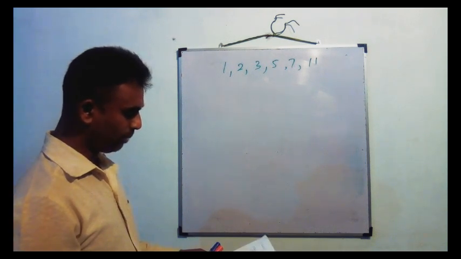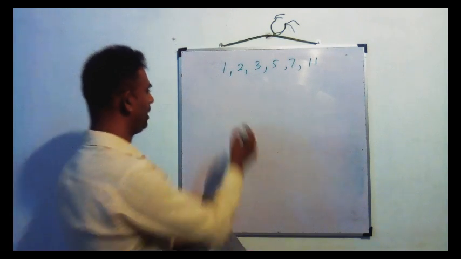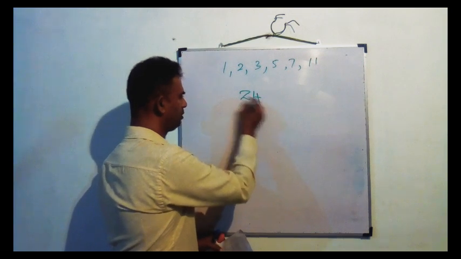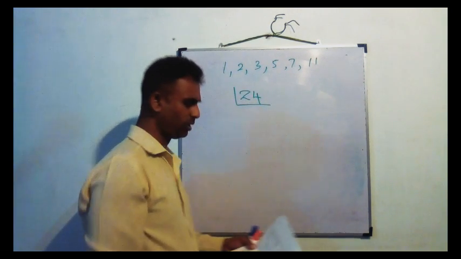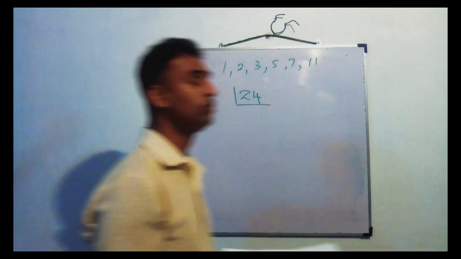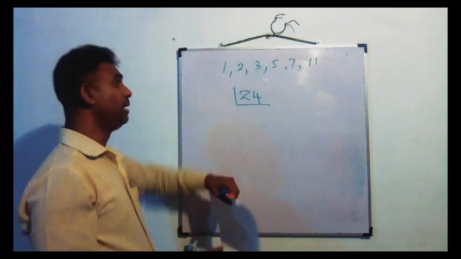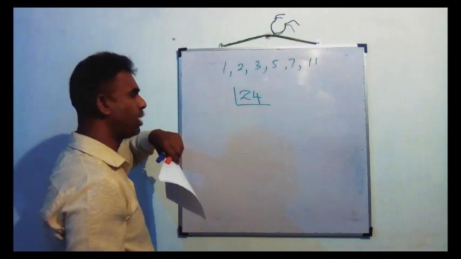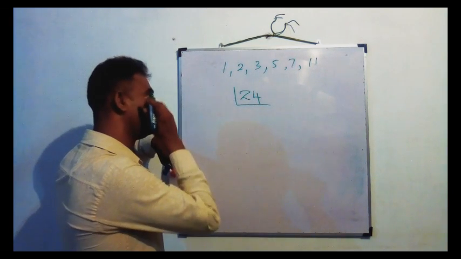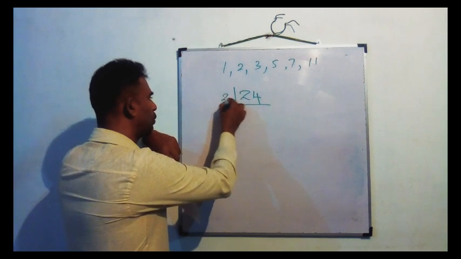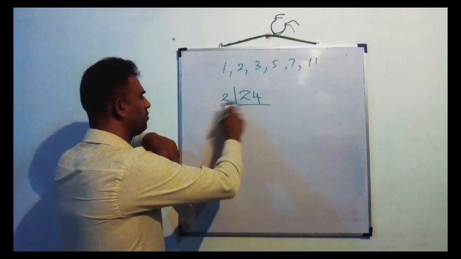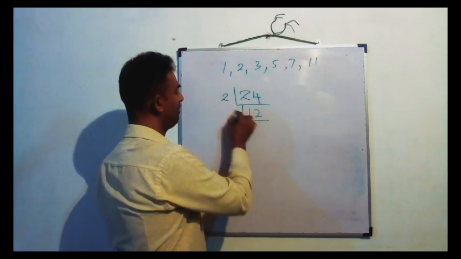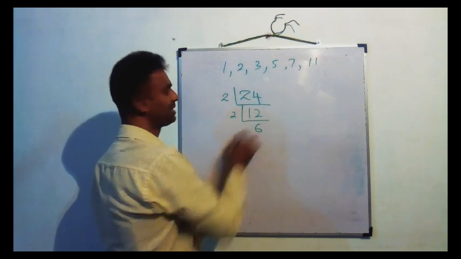Write all the prime factors of 24. You remember that we want to divide 24 by using the prime numbers. We start from the smallest prime number, which is 2. 24 divided by 2, the answer is 12. It can divide by 2 again, 6.